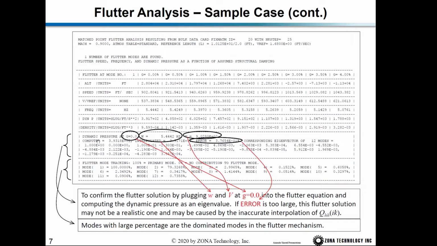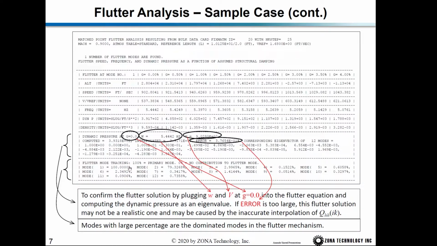So you will compute the eigenvalue of the dynamic pressure. You will compare it to the interpolated dynamic pressure. If the error is too large, then this flutter solution may not be a realistic one and may be caused by the inaccurate interpolation of the QHH. That means you have a non-converged QHH at a high reduced frequency.